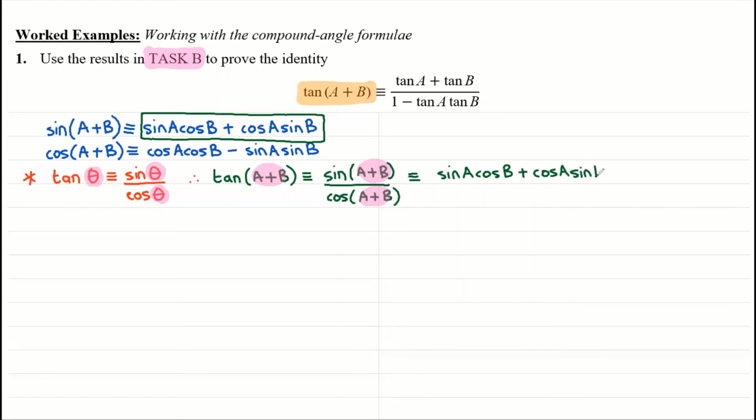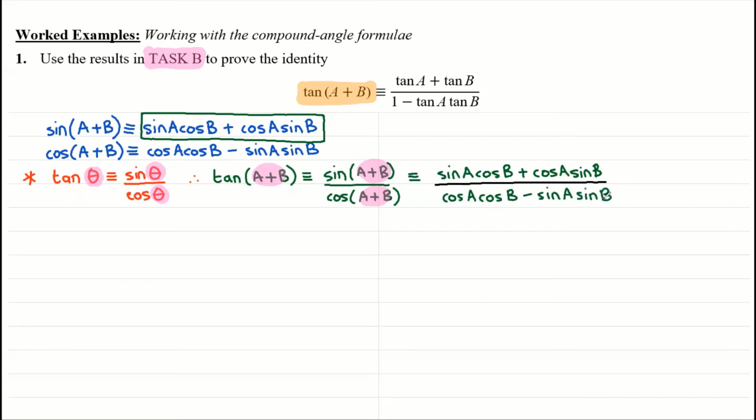And I'm not expecting you to be that fluent with these identities just yet. You've only just met them. Okay, and all this is going to be divided by the cosine identity, cos of a plus b, which we can replace with cos a cos b, subtract sine a sine b.